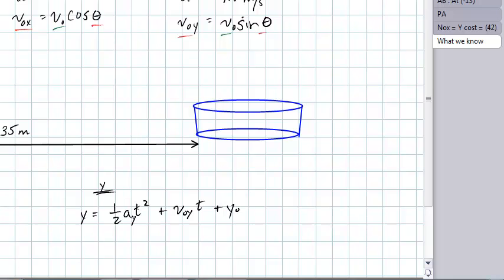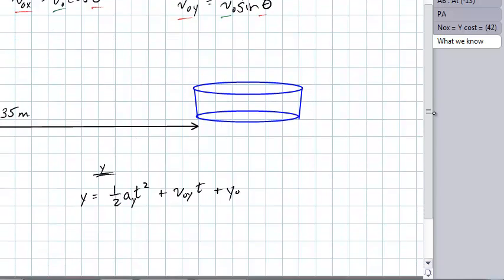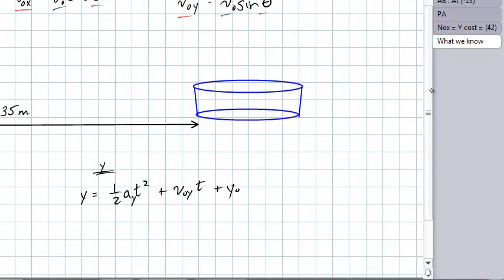I should indicate also that the acceleration is in the y direction. I'm going to pull a trick here: when I move y naught over to the left side, I get y minus y naught, which is delta y.